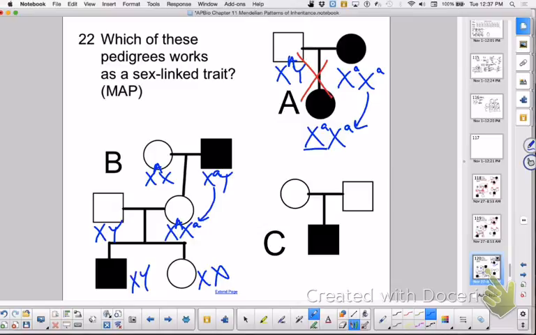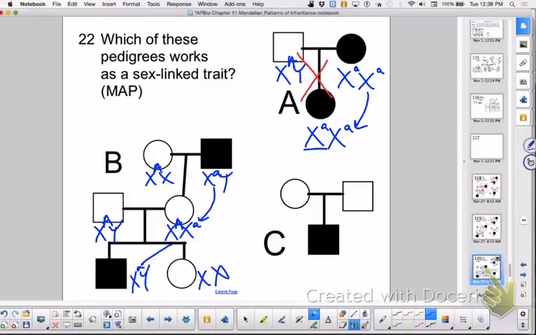This man doesn't have the disease, so he has a big A. This son they had has the disease. Could he get it from his mother? Yes. Mom could give him that, and because it's a boy, dad gave him the Y. This daughter does not have the disease.